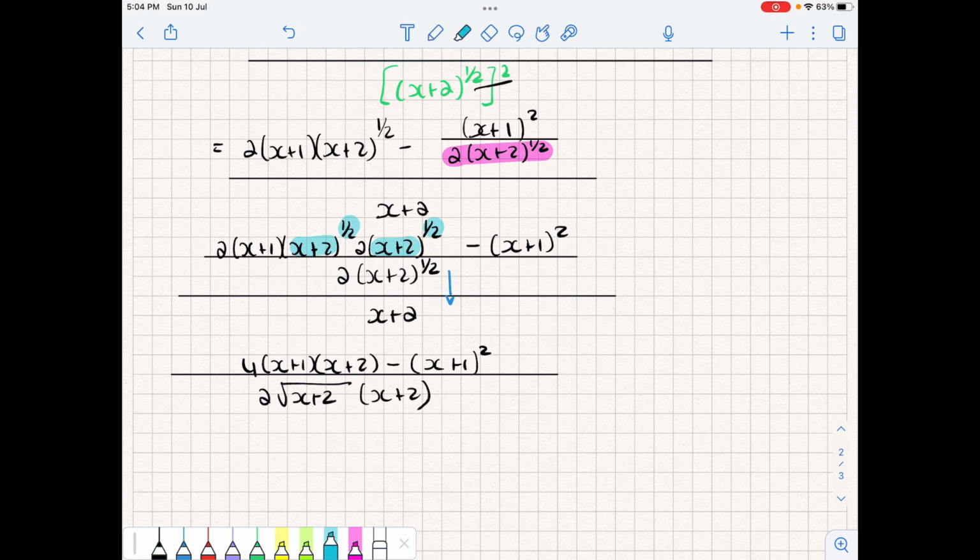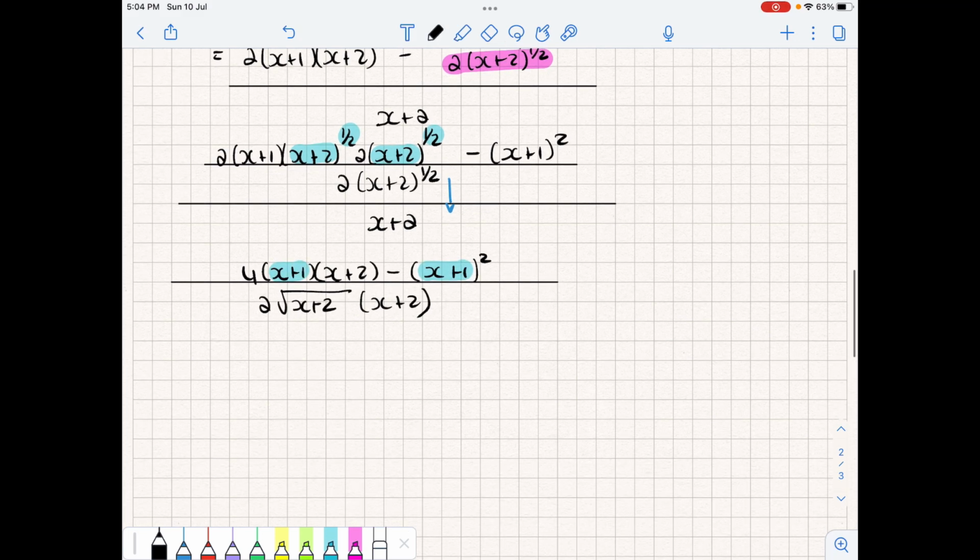We can further simplify by taking x + 1 out as a common factor, and so we will be left with 4x + 8 minus x minus 1, all over 2 square root of (x + 2) times (x + 2).